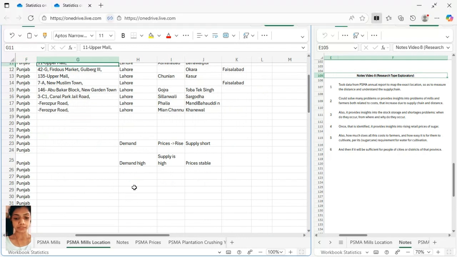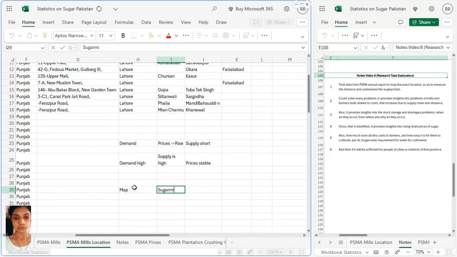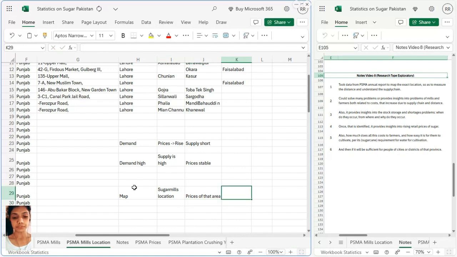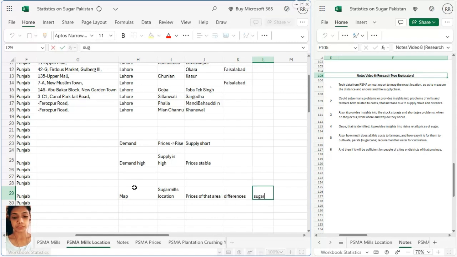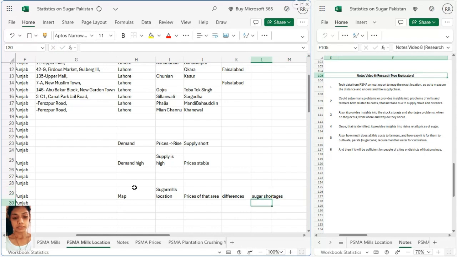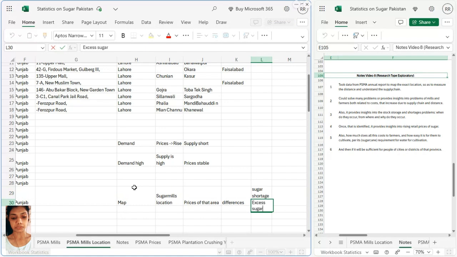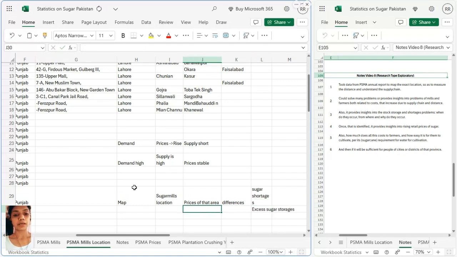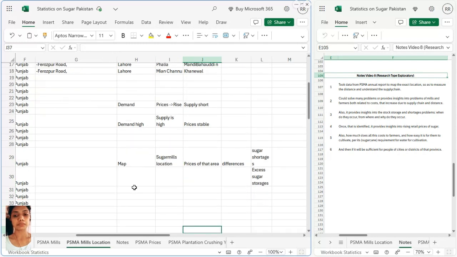If I create a map, I map the sugar mills' locations, then map the prices of that area, and then see the difference in prices, and then see sugar shortages and excess sugar storages.